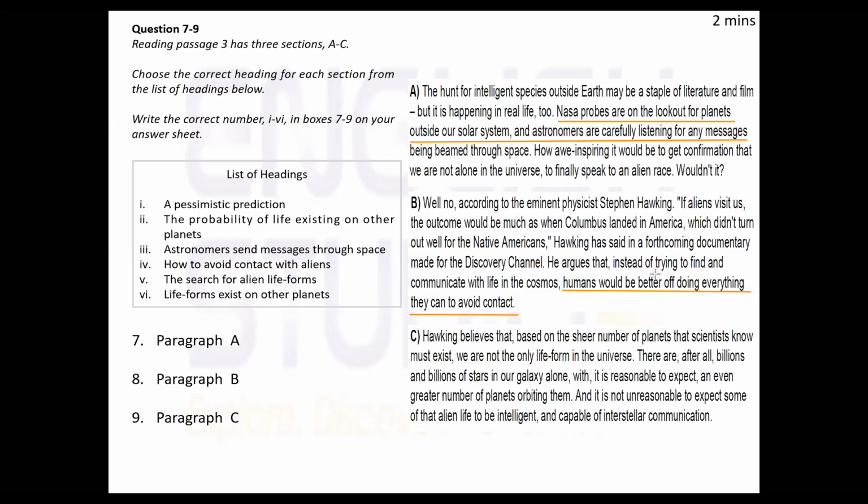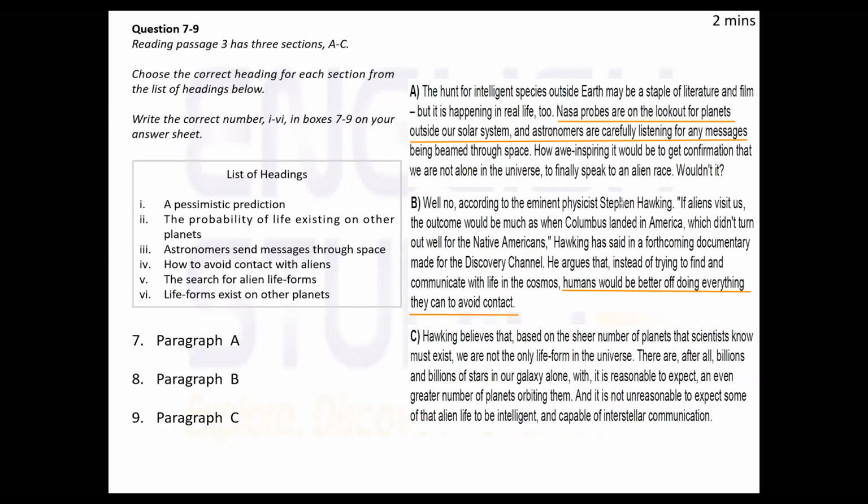He argues that instead of trying to find and communicate with life in the cosmos, humans would be better off doing everything they can to avoid contact. How to avoid contact with aliens, ini memang dijelasin to avoid contact, but apakah di sini dijelasin how to avoid contact? Itu enggak di paragraph B. So you have to pay attention to that.